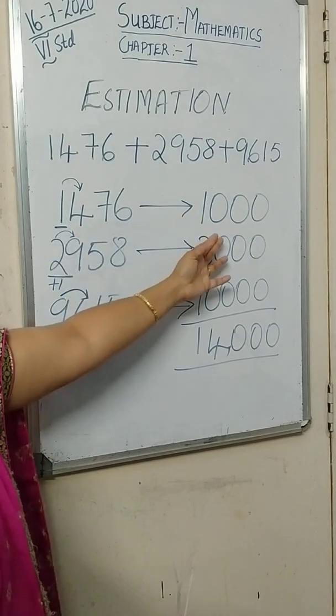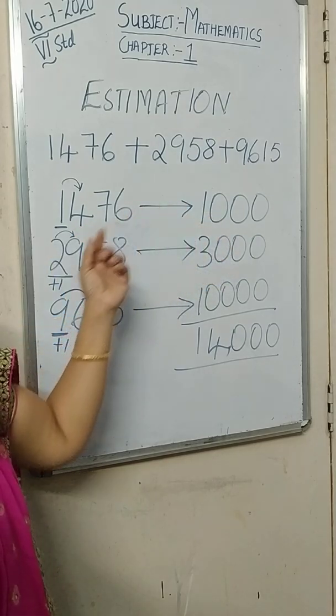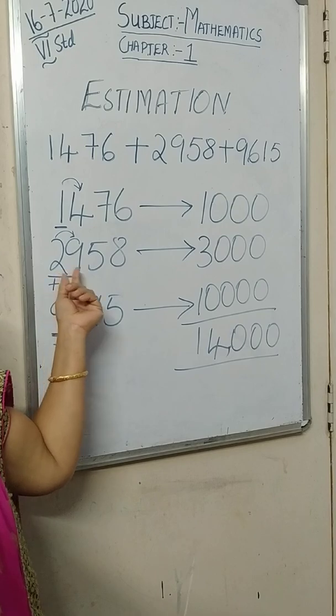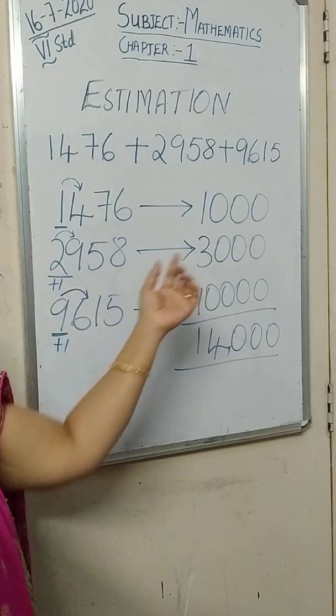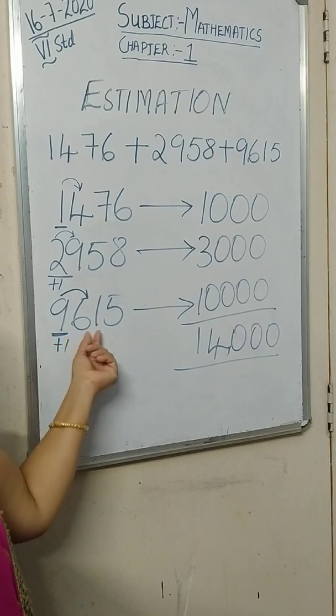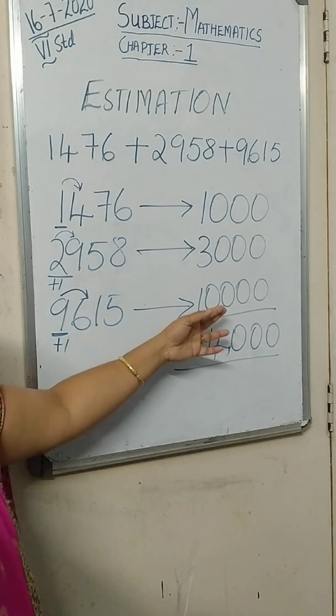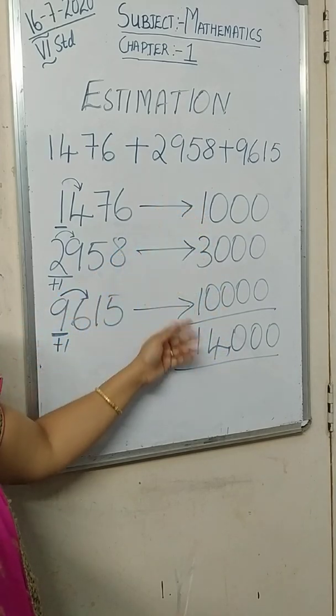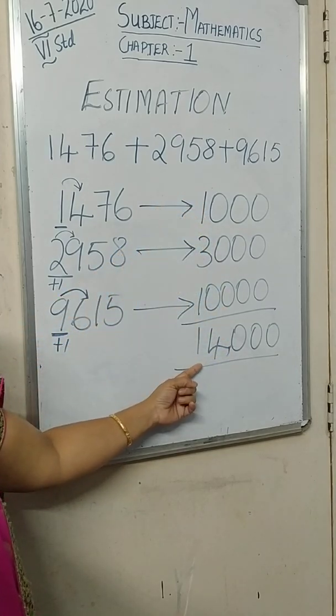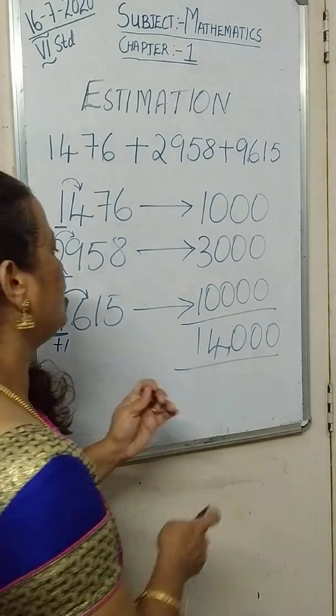So it is estimated to 1000. Same way the next number, 2958, is estimated to 3000 and 9615 is estimated to 10,000. Now when we add all this we get the estimated sum as 14,000.